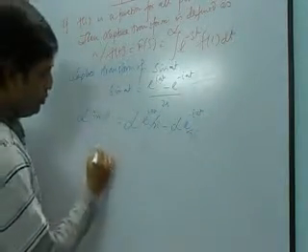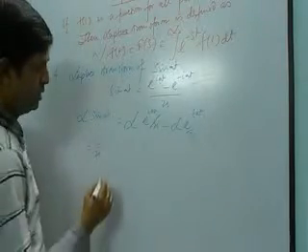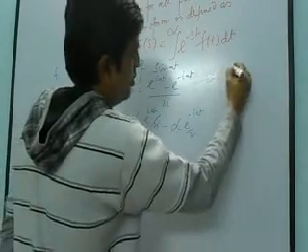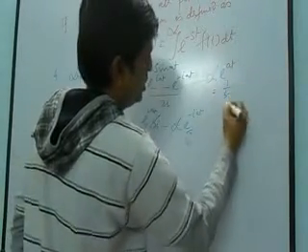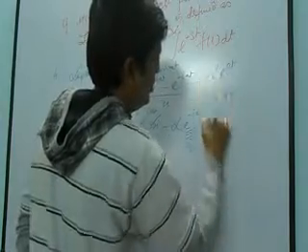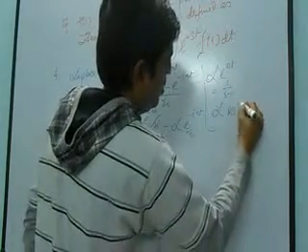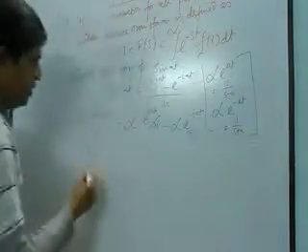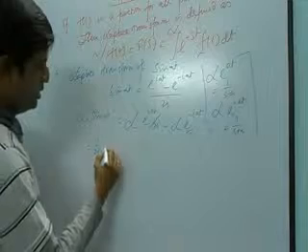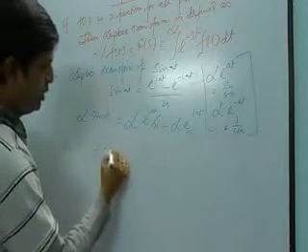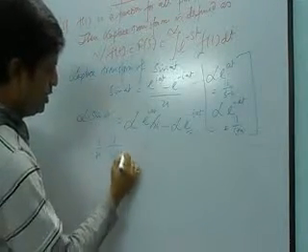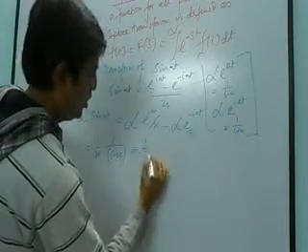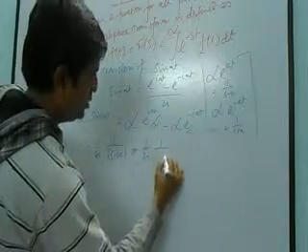That is equal to 1 by 2i. By applying the formula, the Laplace transform of e to the power at is equal to 1 by s minus a, and the Laplace transform of e to the power minus at is equal to 1 by s plus a. We can write 1 by 2i times 1 by (s minus ia) minus 1 by 2i times 1 by (s plus ia).